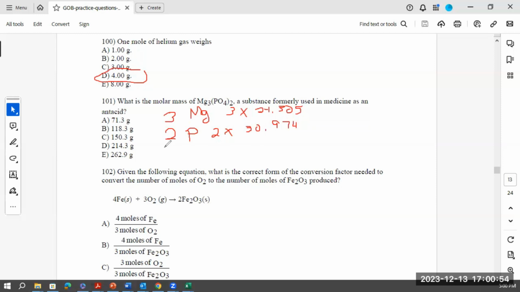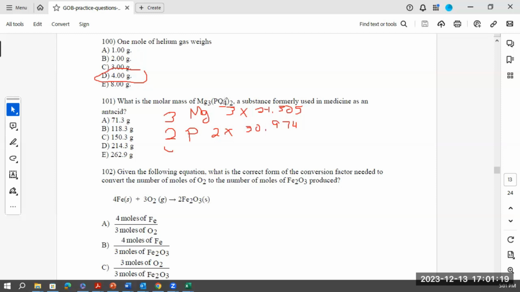And then how many oxygens do we have? Is there 4? No, it's not 4 either.